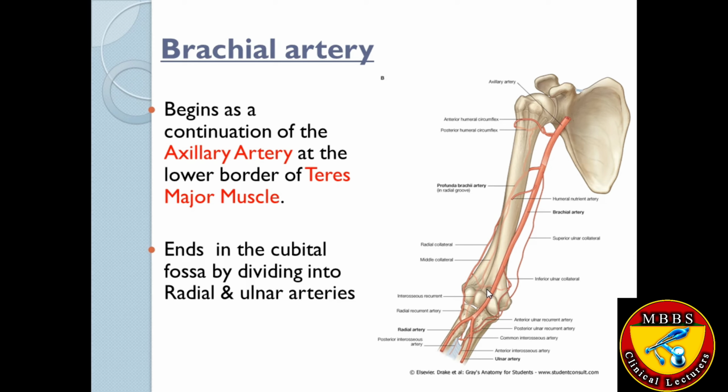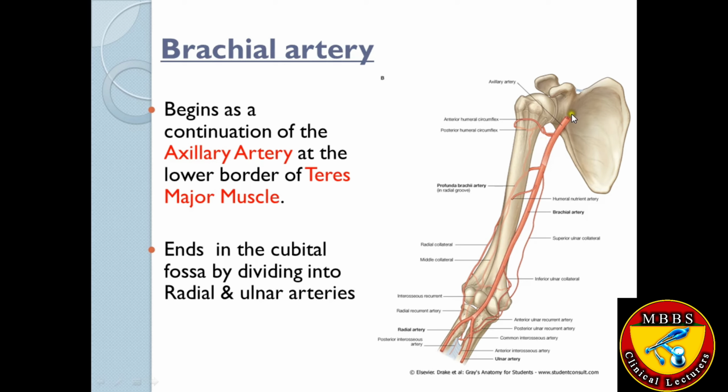The first and the important artery which is present in the arm is the brachial artery. The brachial artery begins as a continuation of the axillary artery at the lower border of the teres major muscle.